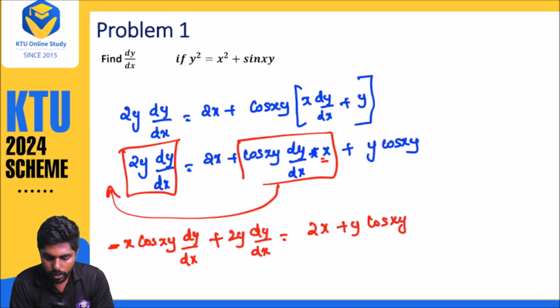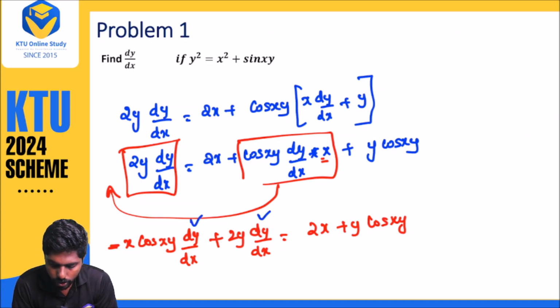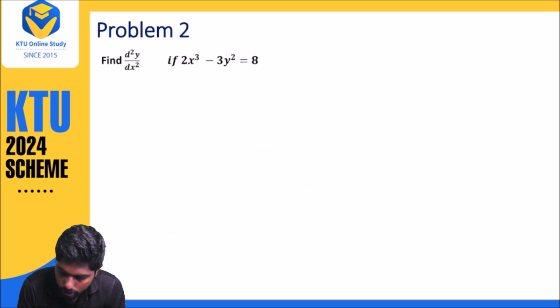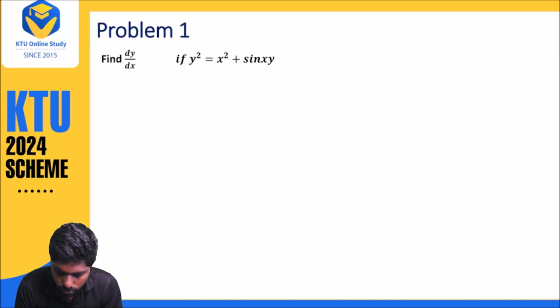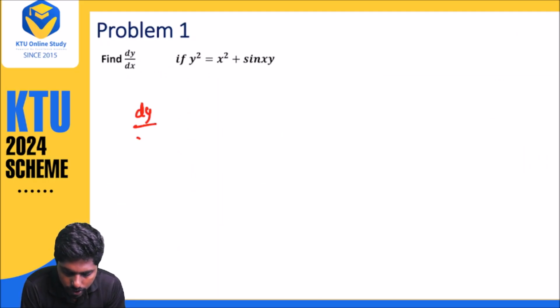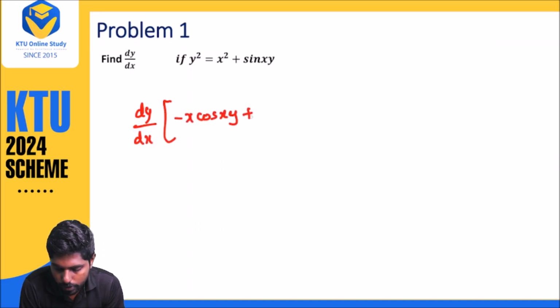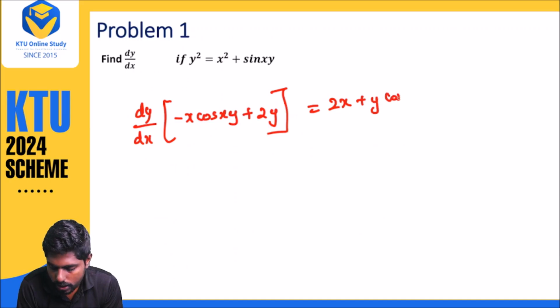Now taking dy by dx common outside, it will become dy by dx times minus x cos xy plus 2y is equal to 2x plus y cos xy.